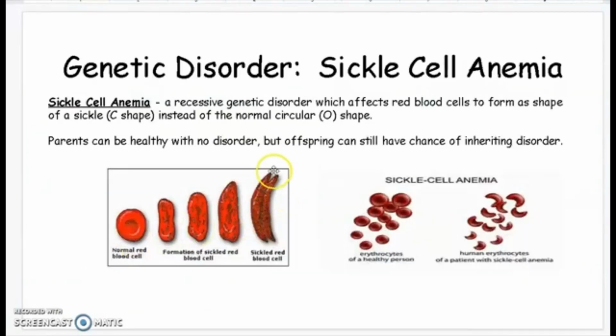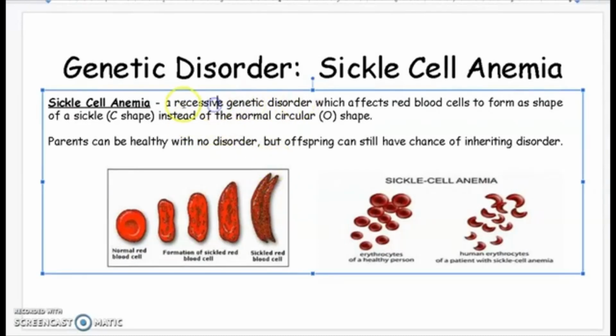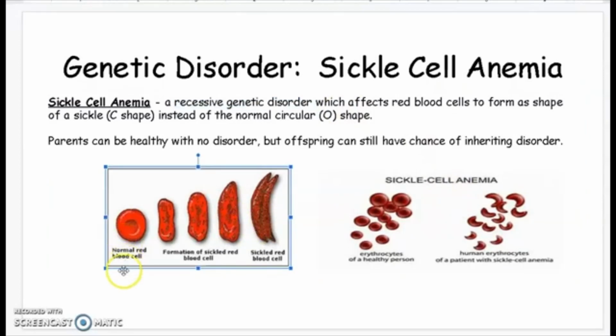And so, let us go back to our lesson, our topic of the day. Sickle cell anemia. Sickle cell anemia is a recessive genetic disorder, and it affects the cell shape of the red blood cells. A very good example is right here. A normal red blood cell will always be circular.